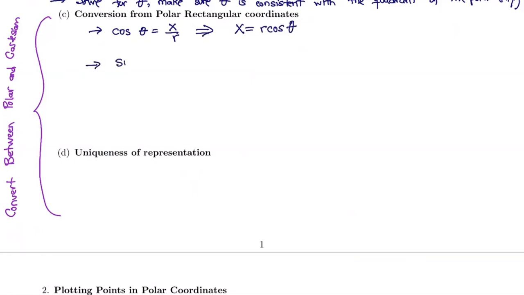Secondly, we can see from the picture that the sine of theta is going to equal y over r, and that's going to imply that y is equal to r sine of theta. So those would be our conversion formulas to go between the two. If we have the polar coordinates, we can find the rectangular coordinates that match it.